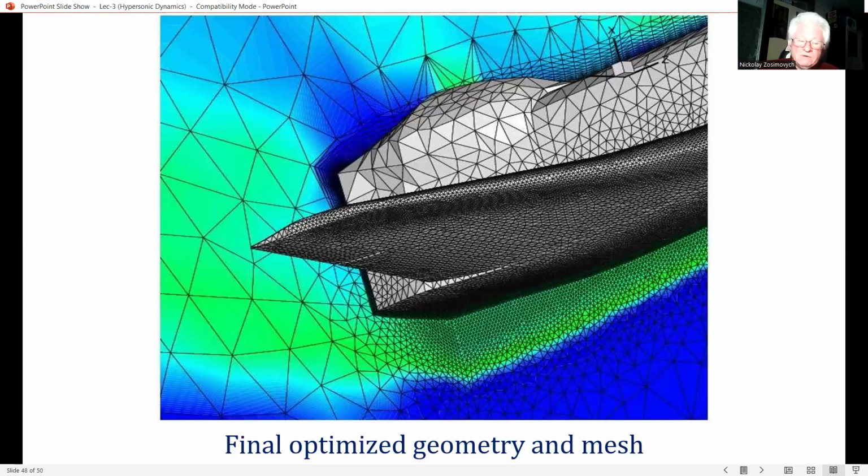Kinney observed that the optimization process drove the optimized geometry toward a wedge-like configuration on the forward portion of the body, and that the windward side of the vehicle took on a waverider-like shape.